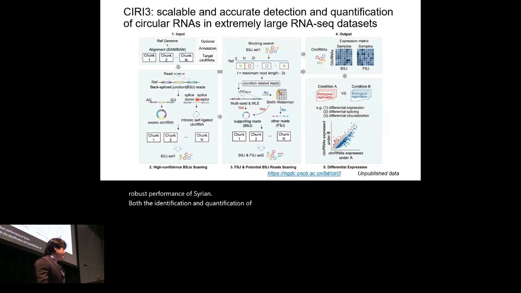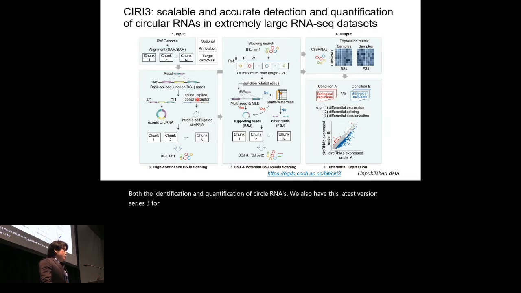We also have the latest version, CIRI3, for the analysis of large datasets at the cohort or terabyte scale. Basically, you can use your laptop to finish the detection of circular RNA in just a few hours for a cohort of 100 people.